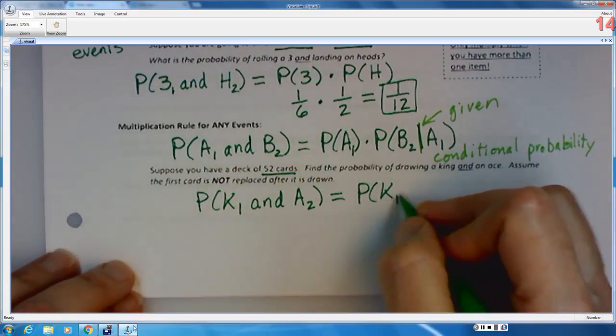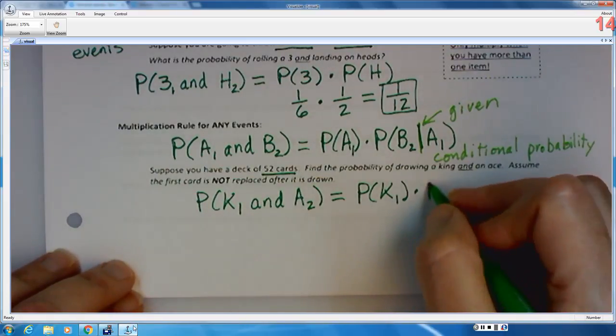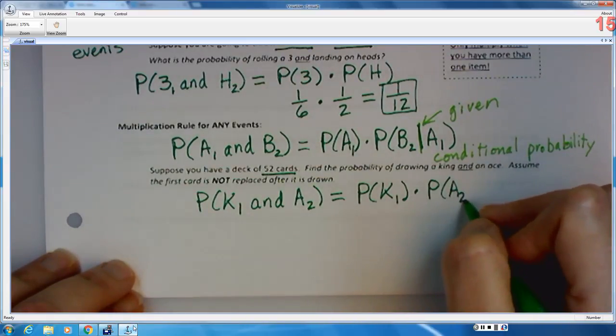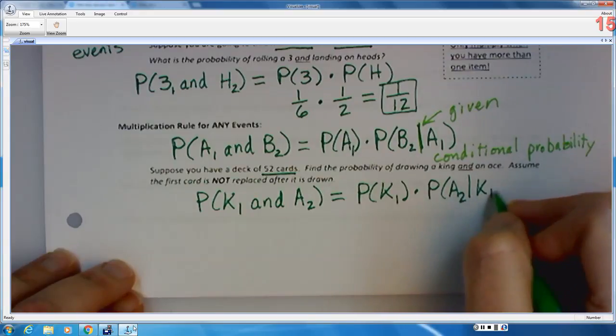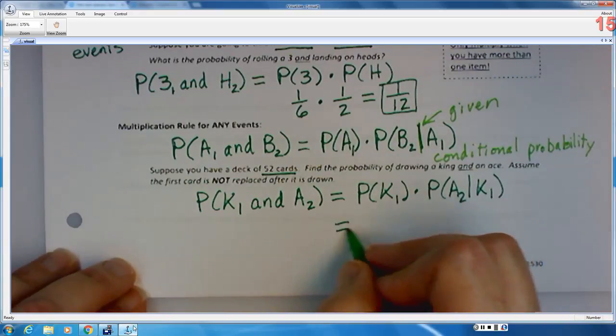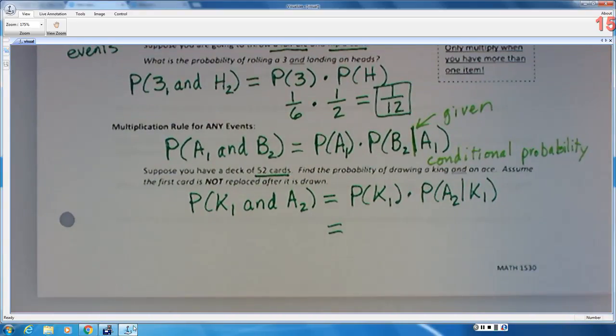It's the king on the first pick times the probability of an ace on the second, given we've already picked a king on the first. So, we've got a deck of cards. Okay?